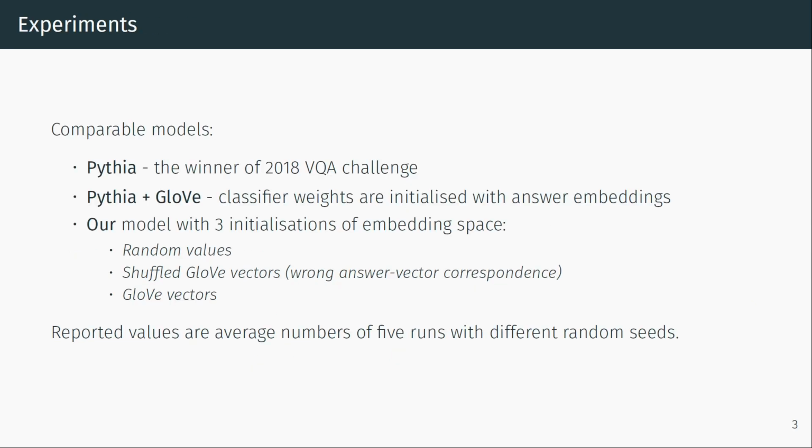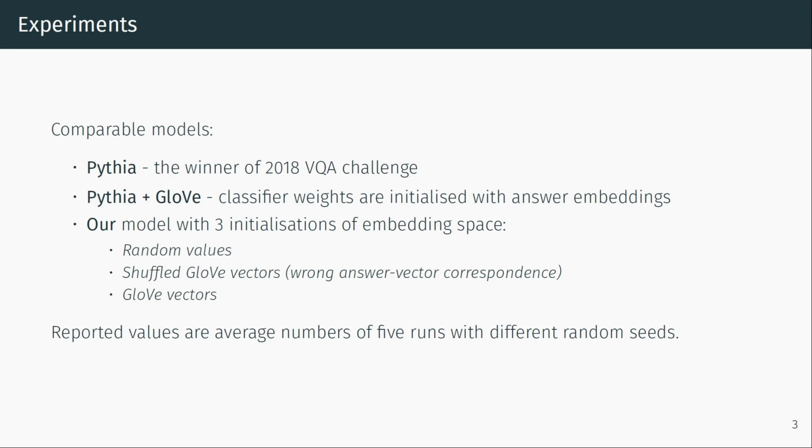For experiments, we choose the Pythia model as a baseline and as a backbone architecture for building our contributions. We also tested a simple approach of knowledge injection, where word vectors are used to initialize classifier weights. And finally, for our approach, we tried three initialization schemes.